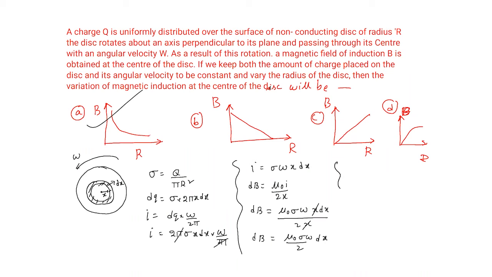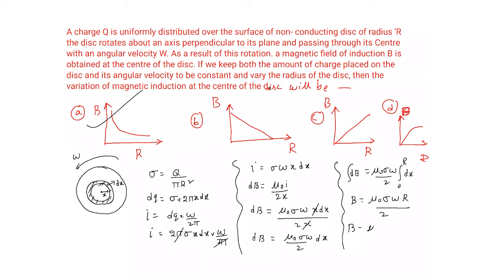So to get the total magnetic field, integrate. Integral dB equals mu naught sigma omega by 2 integral dx, from 0 to capital R. So the total magnetic field is given by mu naught sigma omega R divided by 2. But sigma is what?